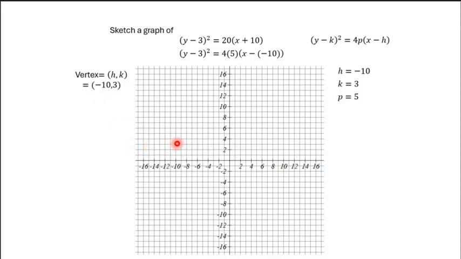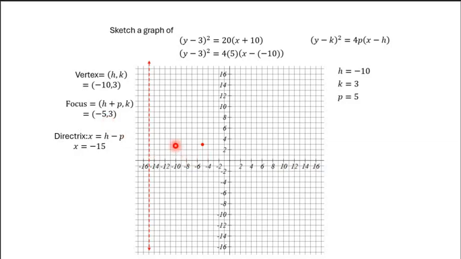So I'm going to go 5 units to the right here, 1, 2, 3, 4, 5, and that's where the focus of the parabola would be. If I go 5 units in the other direction, that's where the directrix is going to be. So that line is the directrix, and that's the line x = −15, while the focus is the point (−5, 3).